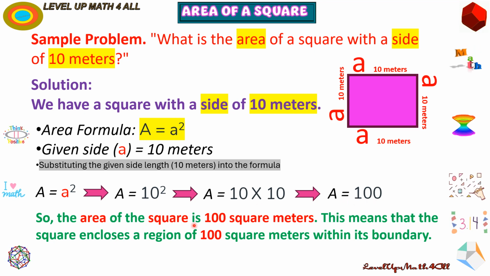So the area of the square is 100 square meters. You have to remember one thing. When the problem says meters, we have to answer in square meters; the area is always represented in square meters. That means the square encloses a region of 100 square meters. It means the boundaries cover 100 square meters.